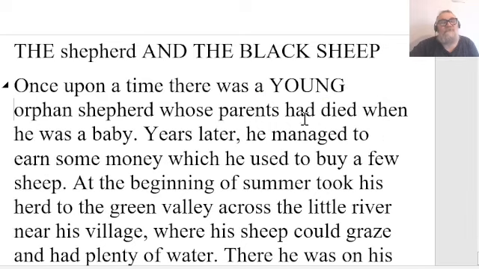Things that are subjective, the most subjective thing comes first, and the most objective thing goes second. Now, young, it's a matter of debate. How young is young? Whereas orphan, either he's an orphan or he's not an orphan, and this is completely objective. Whereas young is more subjective than orphan, and that's why we have this word order, young orphan shepherd, as opposed to an orphan young shepherd.